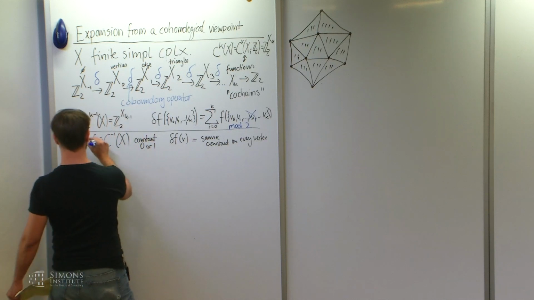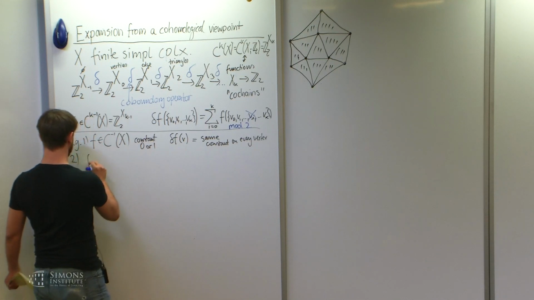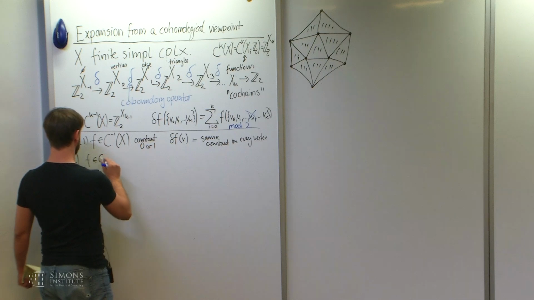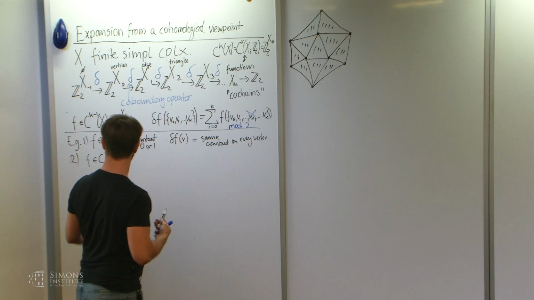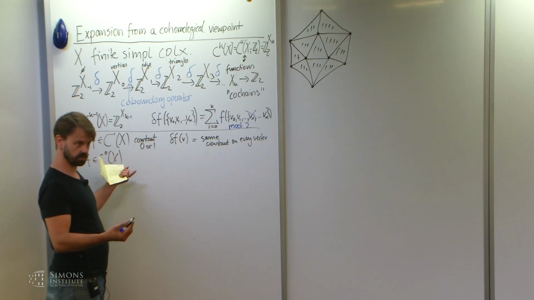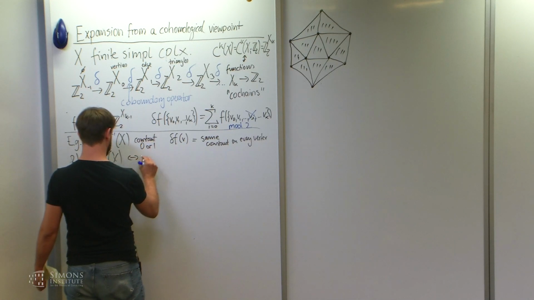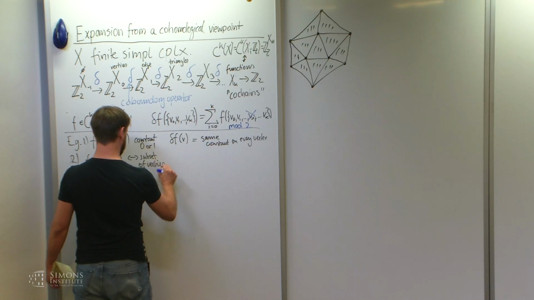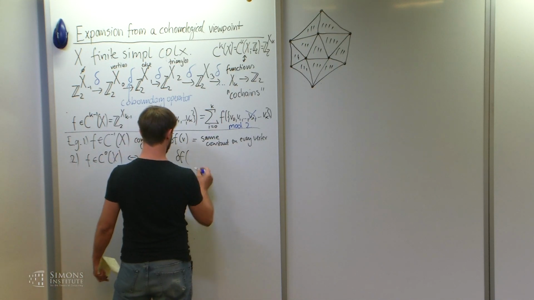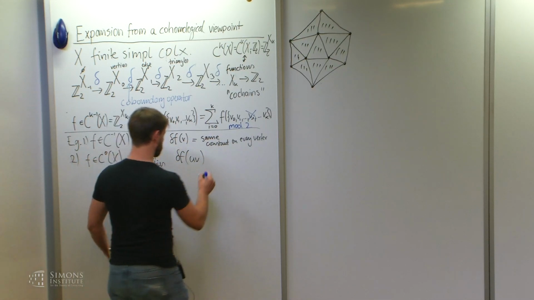Okay, let's do another one. Well, let's number these. If we have a zero-dimensional cochain, so that's just a 0, 1 valued function on the vertices, or in other words, a subset of vertices, then delta f of, let's say, an edge uv is just the sum over the endpoints.